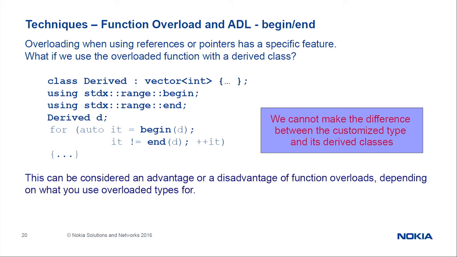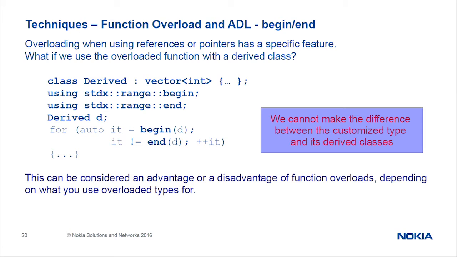One drawback of using overloads is that when we define an overload function using, for example, a reference, the same overload will work also for derived classes.